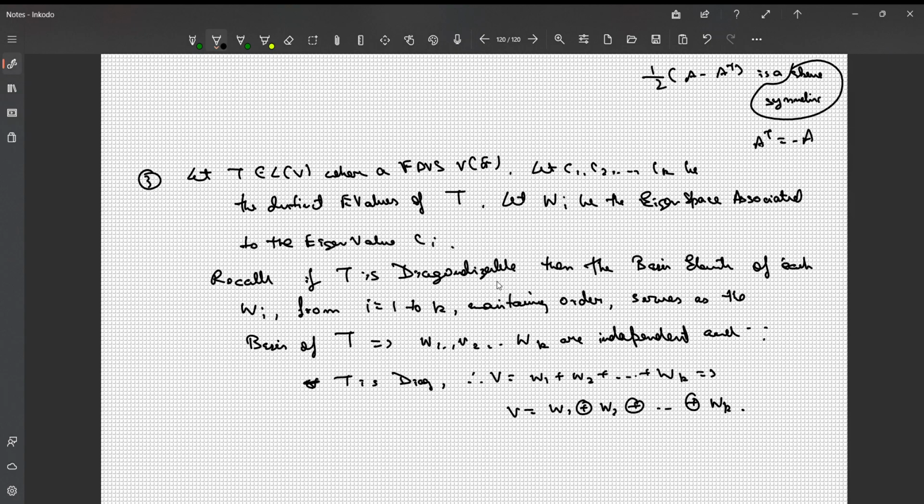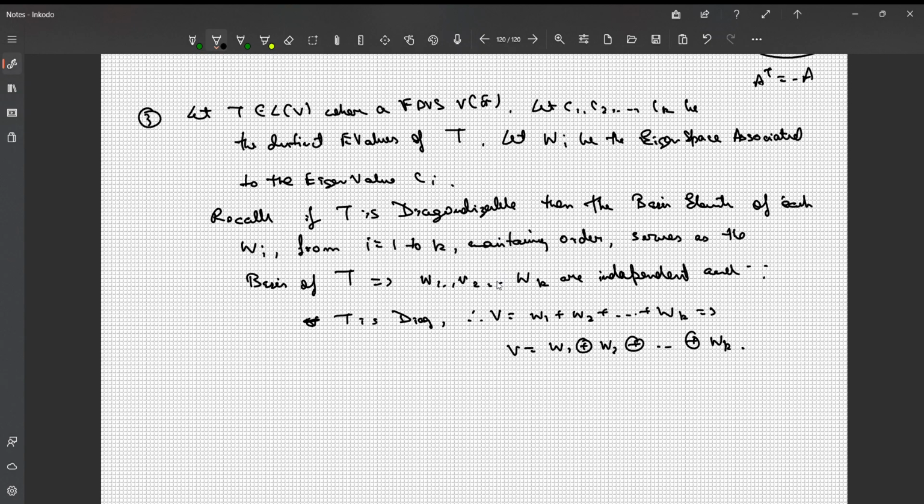Now we introduce a very important definition, which is the concept of a projection operator. What is a projection operator?